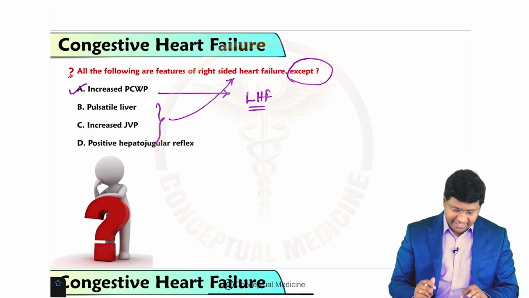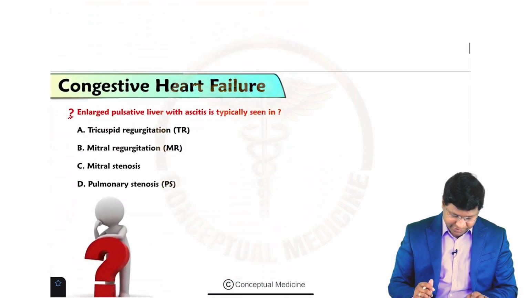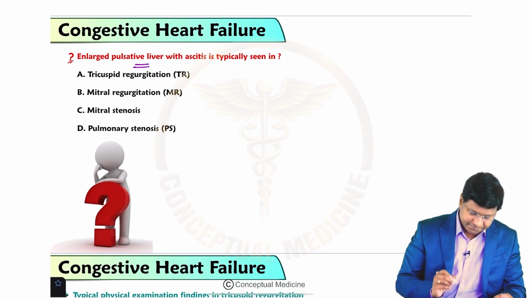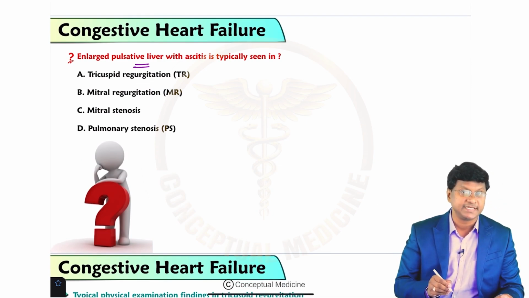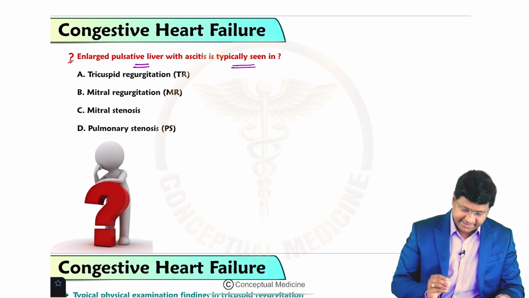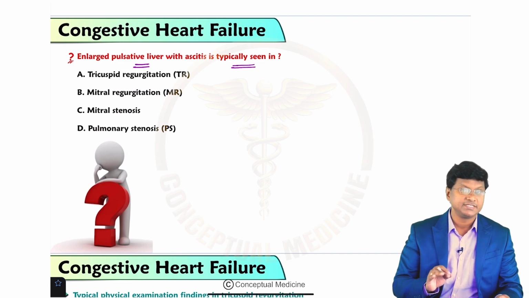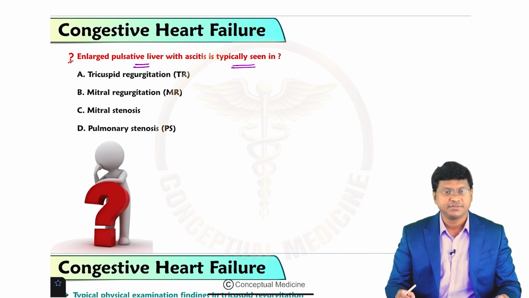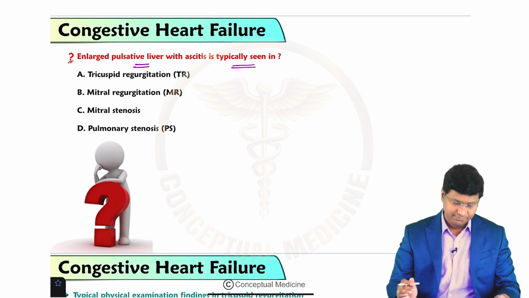Now, after having discussed this, you see the next question. Enlarged pulsatile liver with ascites is typically seen in: tricuspid regurgitation, mitral regurgitation, mitral stenosis, pulmonary stenosis.